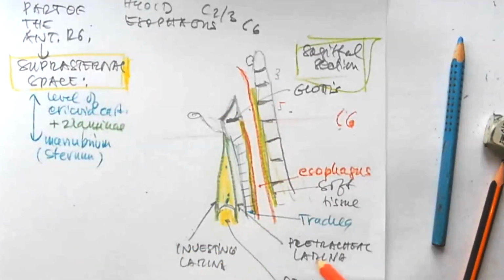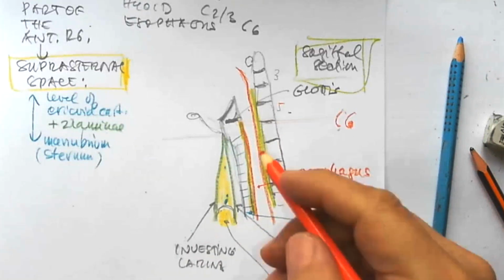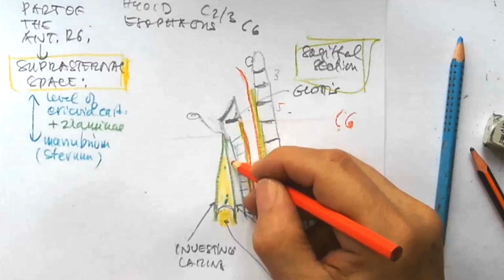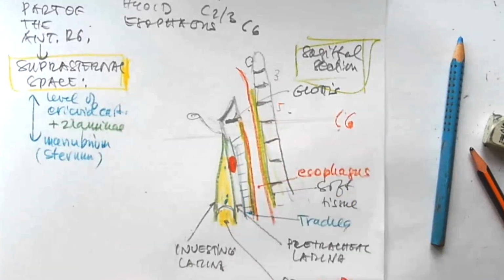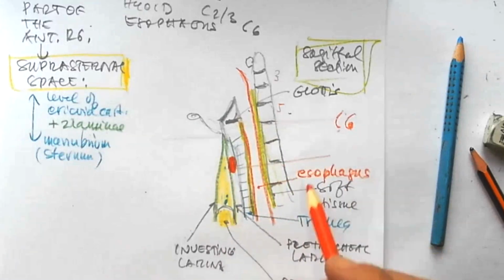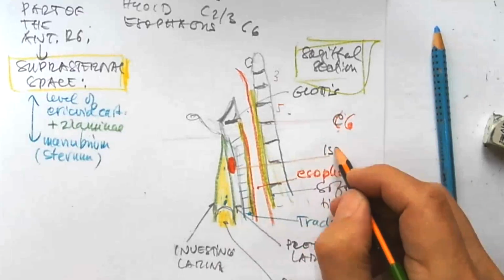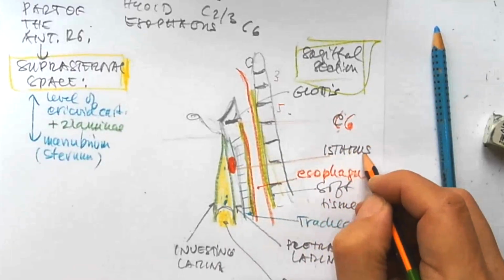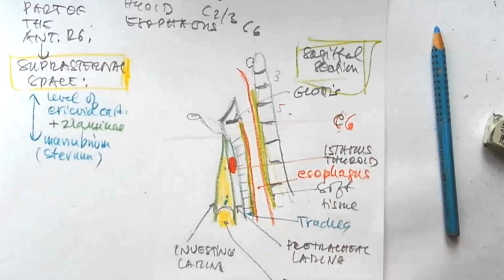Behind the space lies the pretracheal, because pretracheal involves structures like the isthmus of the thyroid gland.